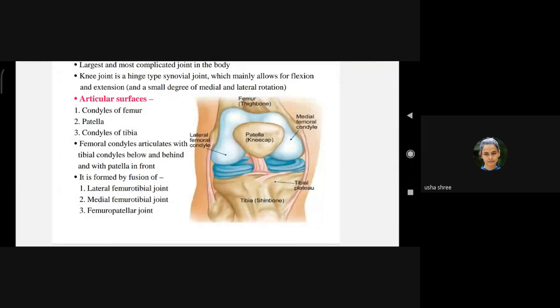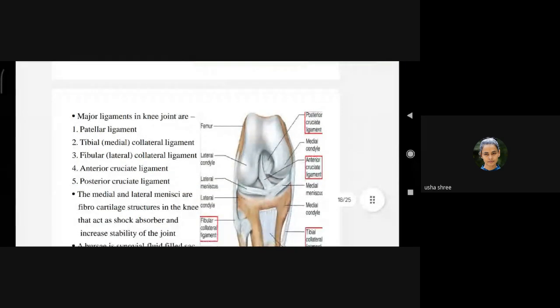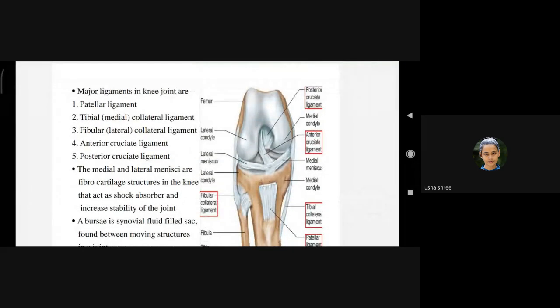That is why these cartilages are very, very important to prevent injury of the knee joint. So these are the medial and lateral menisci, a fibrocartilage structure in the knee that acts as a shock absorber and increases stability of the joint. It also increases the stability of the joint because of its structure. Our upper or femur bone is stabilized by this cartilaginous structure.